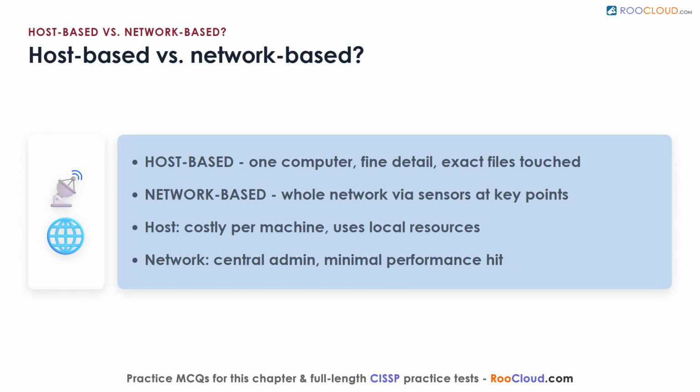A network-based system watches traffic across the whole network, using sensors at key points like routers and switches. Each has trade-offs. Host-based systems cost more to manage per machine, consume local resources, and can be disabled by an intruder on the box. So many organizations reserve them for key servers. Network-based systems centralize administration and barely dent performance. Picture a guard posted inside one vault versus cameras covering every hallway.